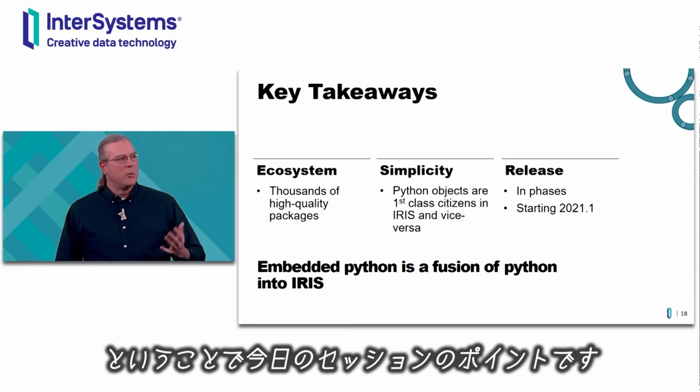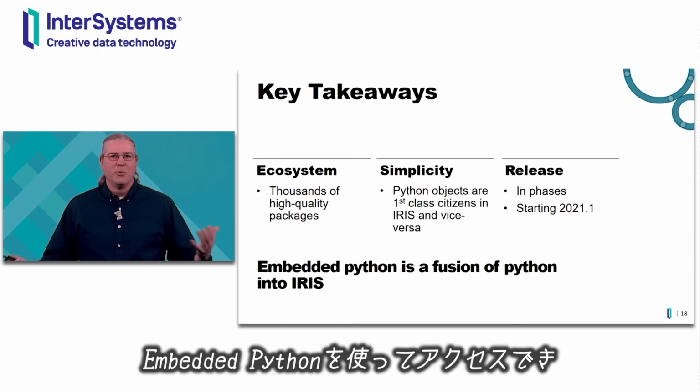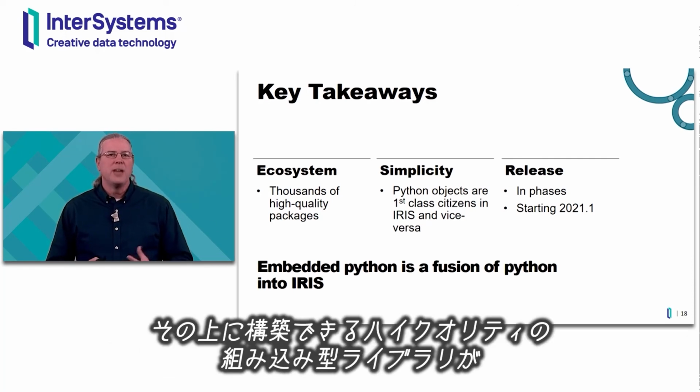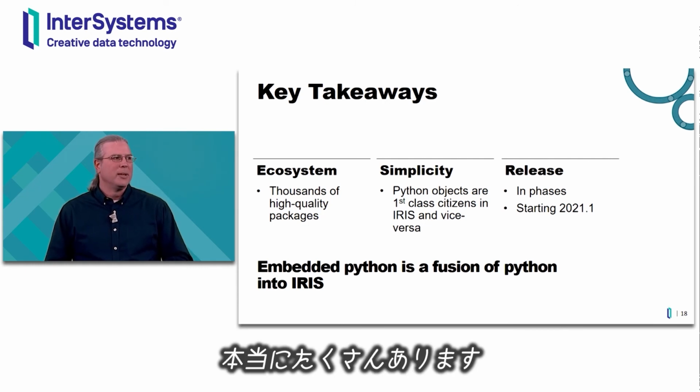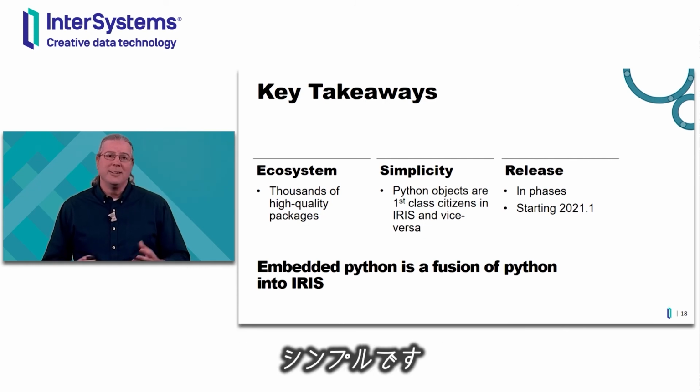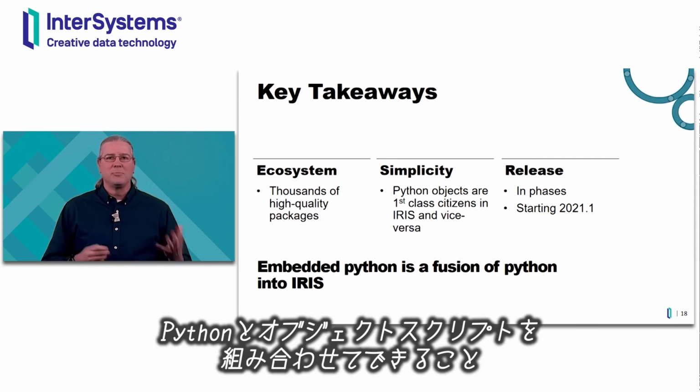So your key takeaways from today: we have access with Embedded Python now to many thousands of libraries that are ready to go, they're high quality, ready to be built upon. Simplicity, right? Python and ObjectScript can work together.